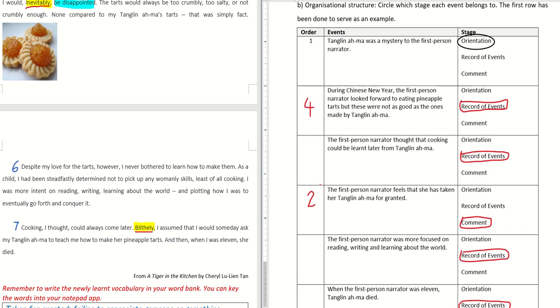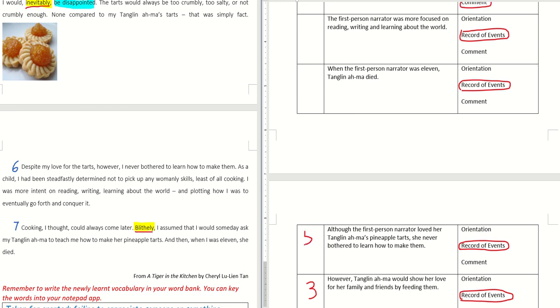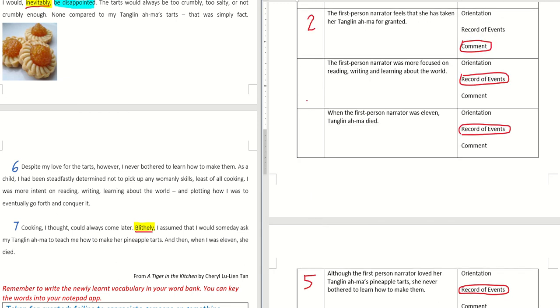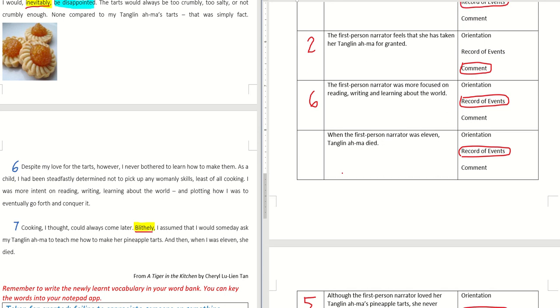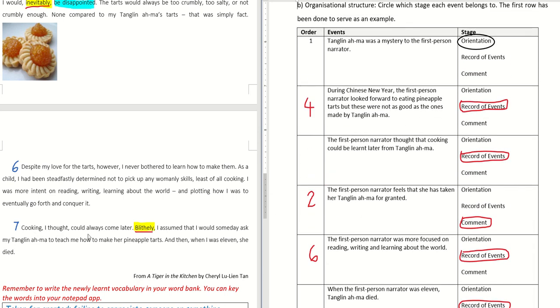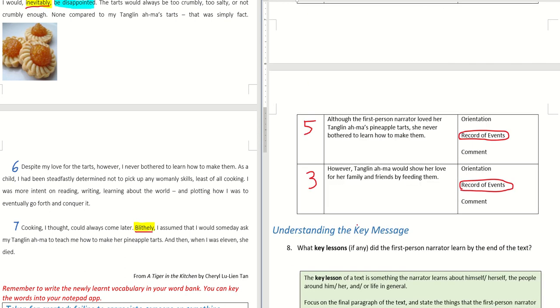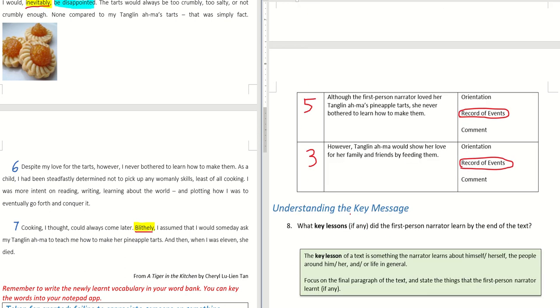Okay, so just now we have 1, 2, 3, 4, 5. And that is 6, learning about the world. And thought that cooking could always come later, so could learn from Tanglin Ama later. And when I was 11, she died, so that one was Tanglin Ama died. Okay, so sorry, I was a bit confused about the order.